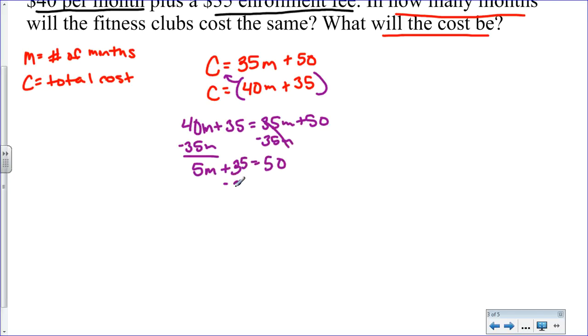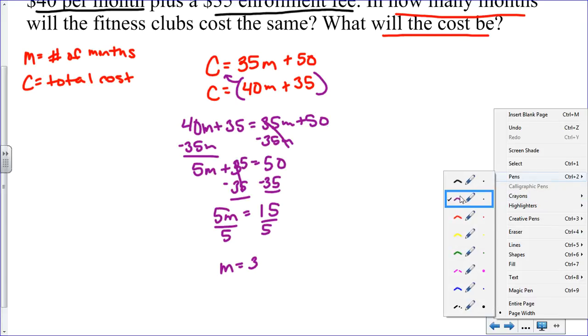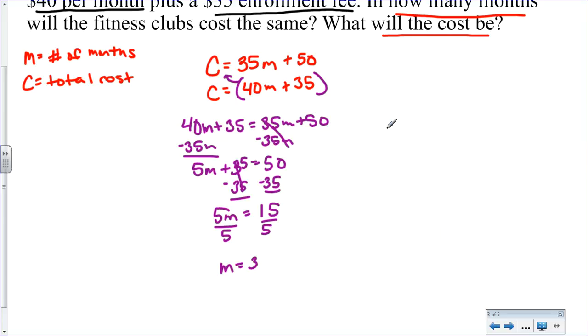So from here, we're going to solve the two-step equation. Subtract 35 from both sides to get 5M equals 15. And then if I divide by 5 on both sides, I find M equals 3. We're going to go ahead and plug that back in to one of the equations, or both, and find our total cost.